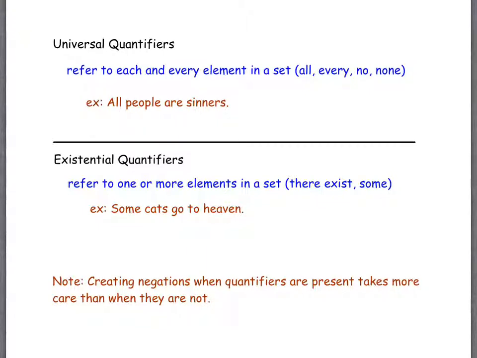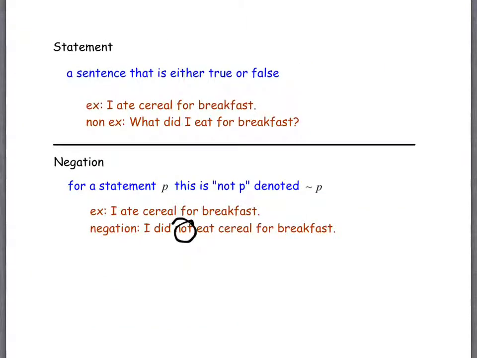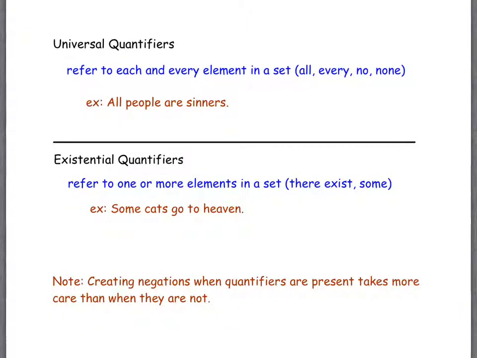So here's the first one. This is a universal quantifier. The example is all people are sinners. While it would be really nice to just put the word not in there somewhere, it becomes quite complicated. Not all people are sinners. But what does that mean? Does it mean nobody's a sinner? Does it mean some people are?